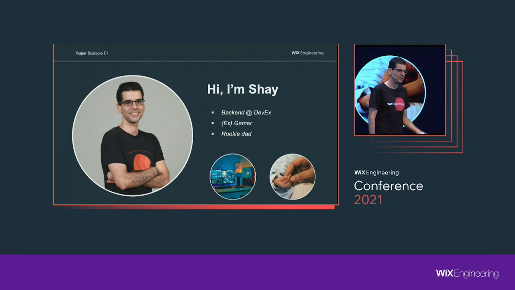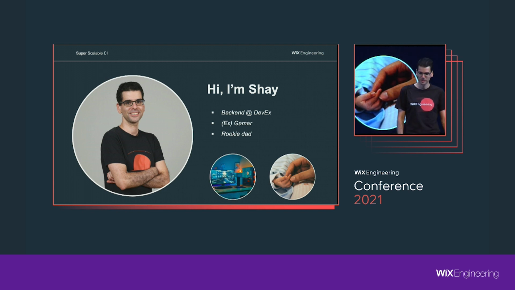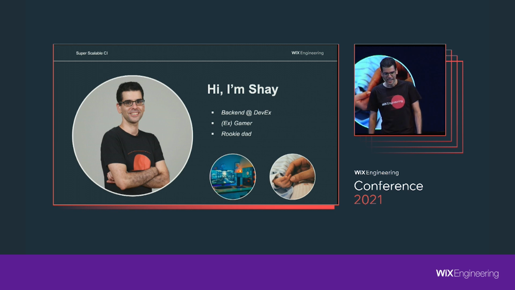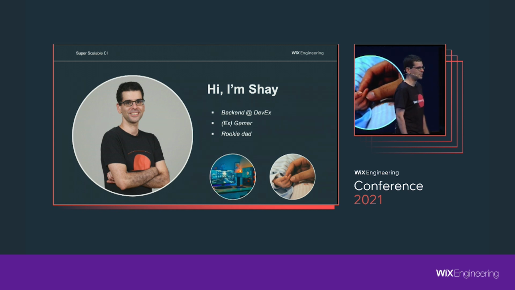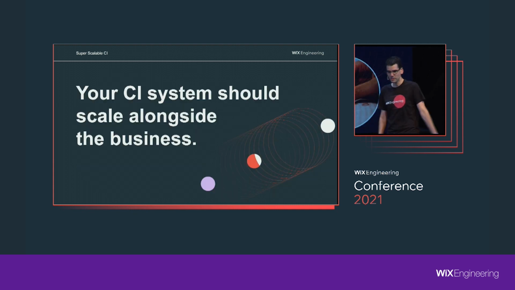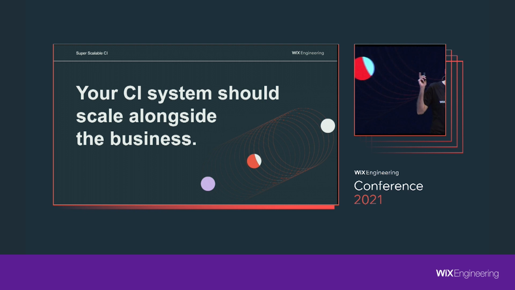One, I'm a proud father to an adorable new baby. Two, I'm no longer a gamer. And three, most of this presentation was built at extremely strange hours, so I hope that at least some of it makes sense.